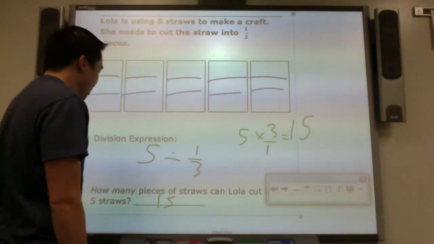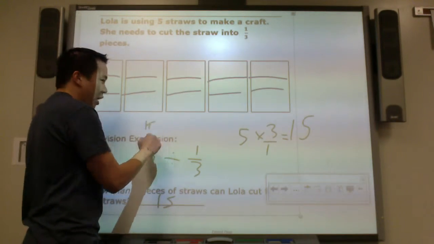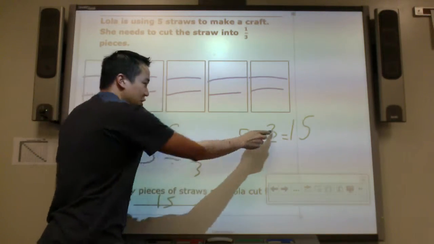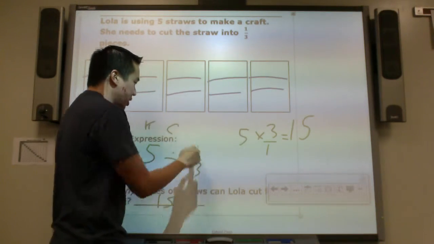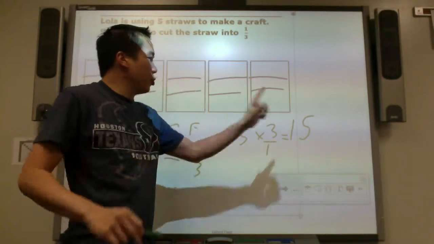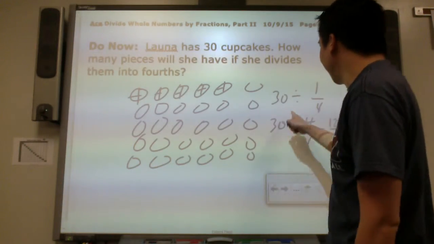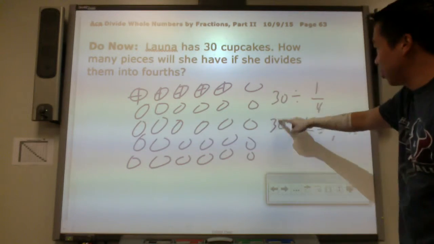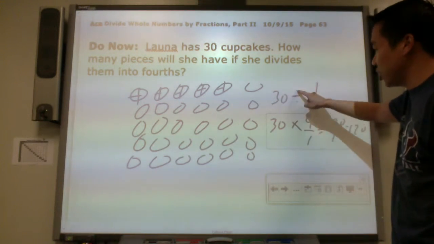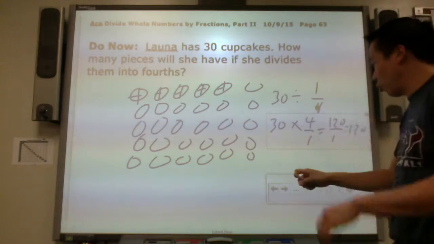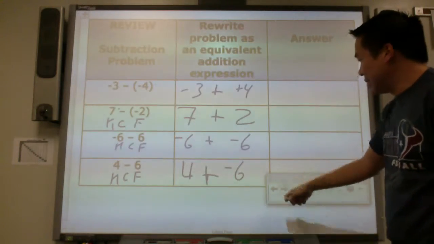What about this question? I kept the 5. I changed it from a division to a multiplication, and I flipped the 1/3 to 3/1. So really, what about this one? I kept the 30, changed the division to a multiplication, and I flipped 1/4 to 4/1. So yes, that's how you do it.